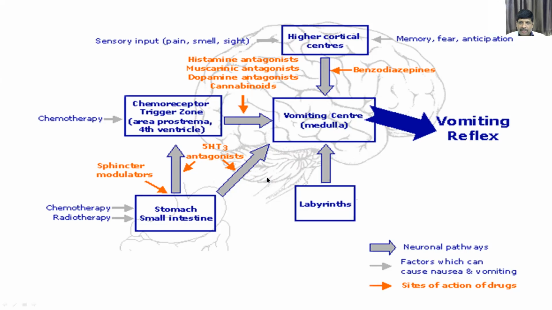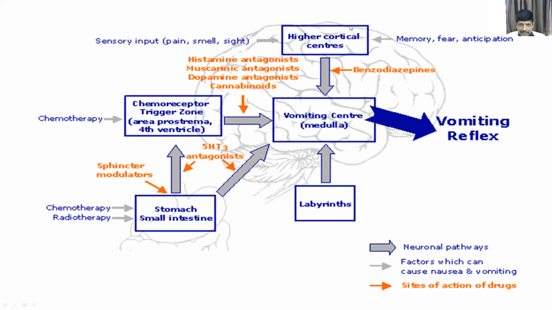So if you remember, take a histamine antagonist. If the question is there, one drug is kept which is a histamine antagonist, and you are asked the mechanism of action of this given drug in case of emesis, or how it stops emesis, what do you need to write?